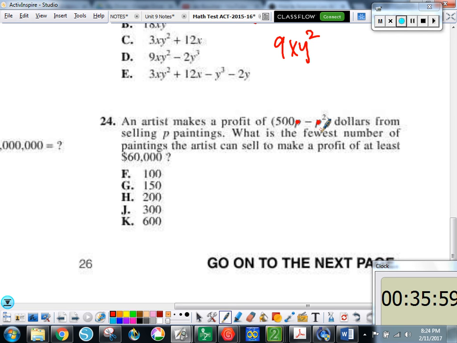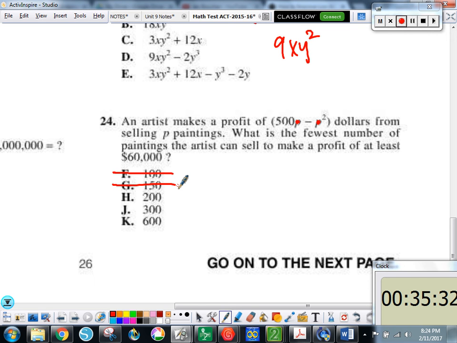If you plug in 100, 100 times 100 minus 100 squared, you get 40,000. So that can't be it. If you plug in 150, you get 52,500.